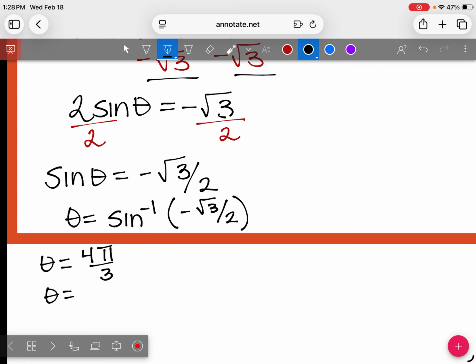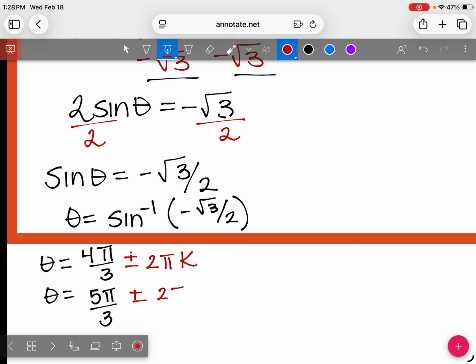And then what about in quadrant 4? 5 pi over 3. Because it says general solution, you have to add plus or minus 2 pi k to both of your angles.